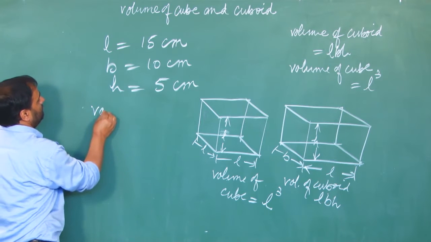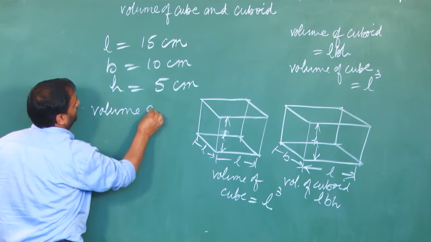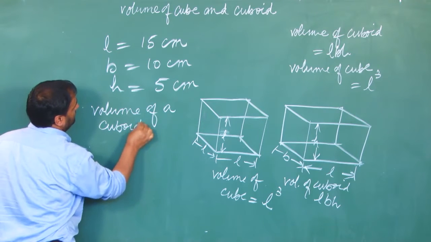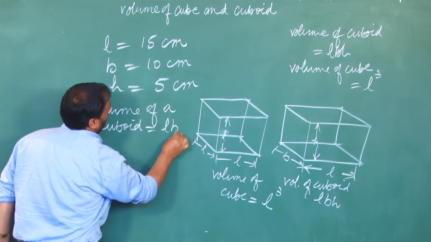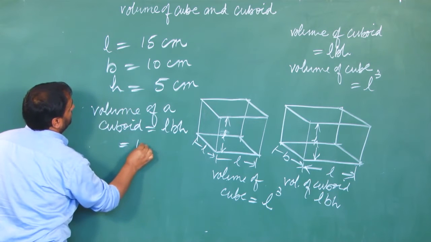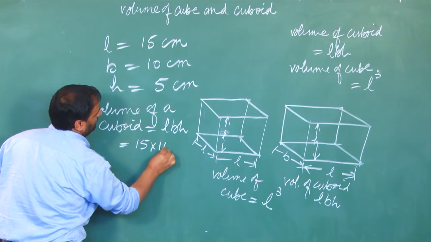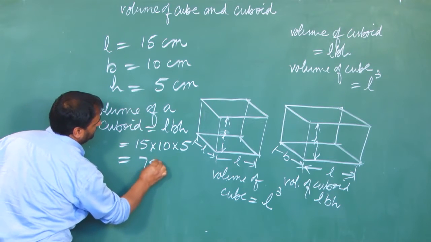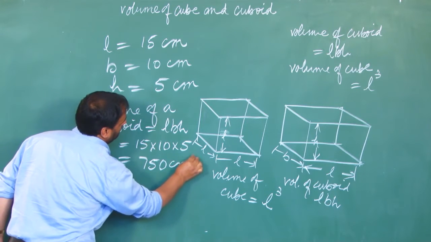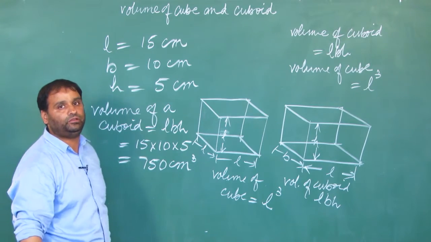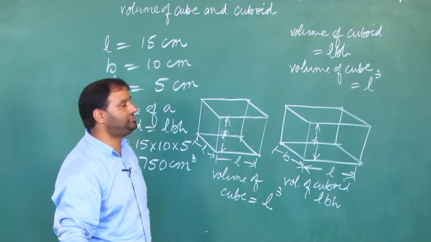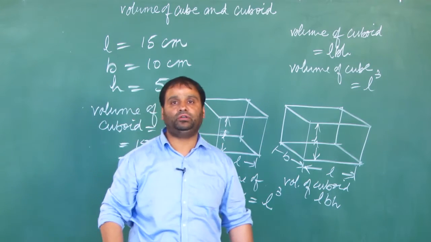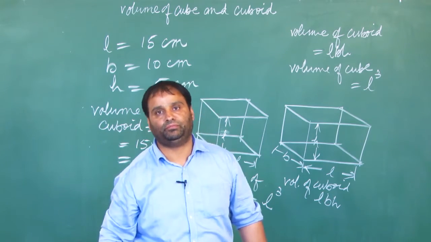The volume of a cuboid is the product of its length, breadth and height. Length 15, breadth 10 and height 5. That is 750 centimeter cube. One thing again you have to keep in mind, that the units used in the dimensions should be the same, and if not, you have to make them uniform.